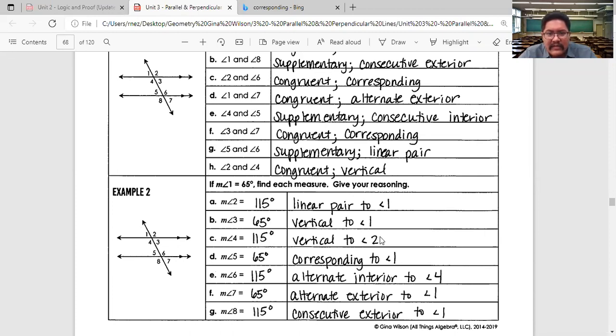But in this case, they went with a different explanation: we already proved that angle 2 is 115 degrees, so angle 4, which is vertical to it, must be congruent. So those two would be the same.